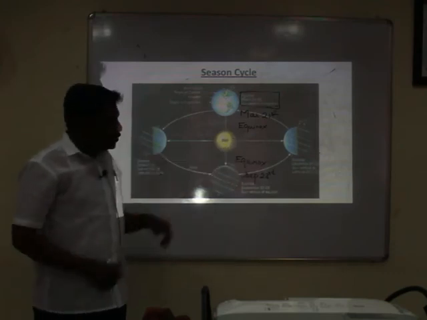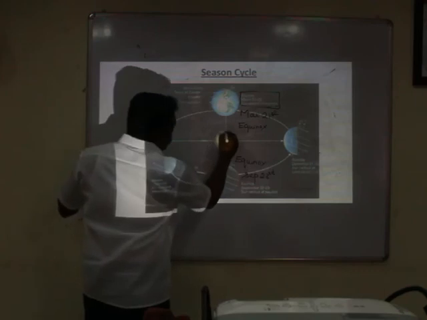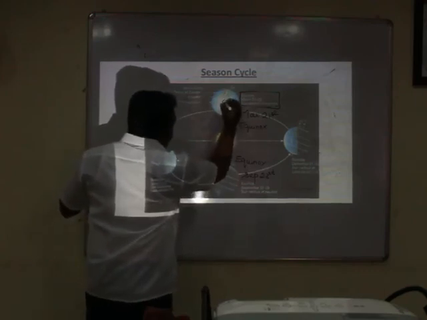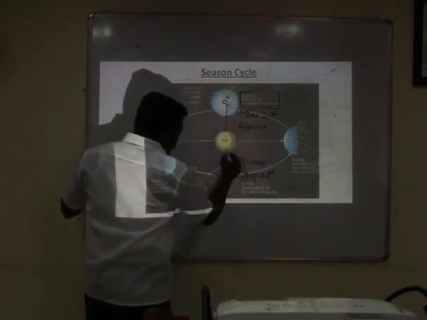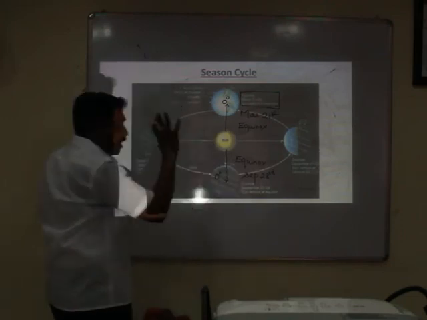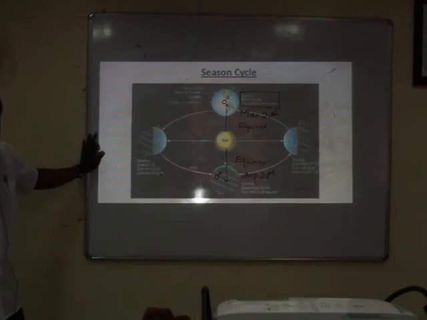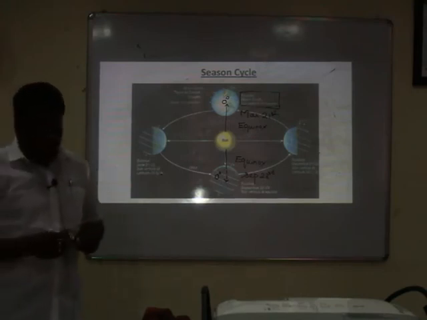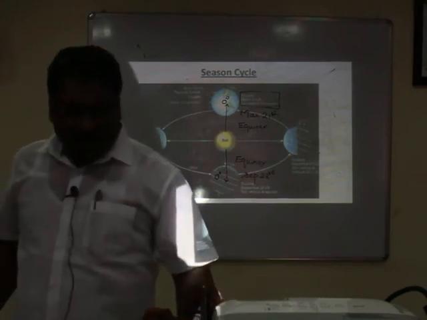Okay. If you ask me where exactly the sun's vertical rays fall, exactly over the equator they fall. Somewhere, if you want to write, you can write the heading as equinox.